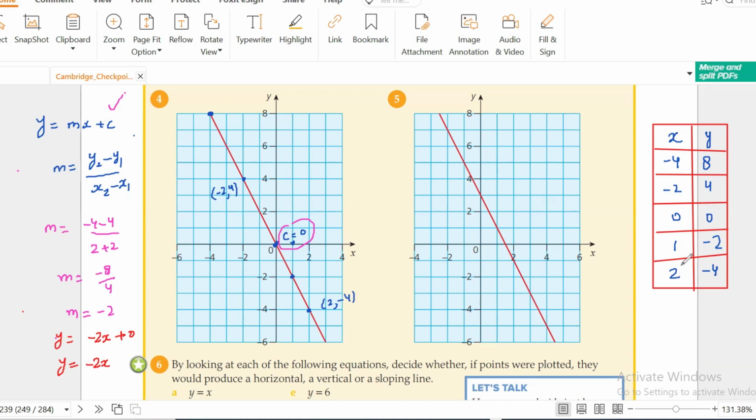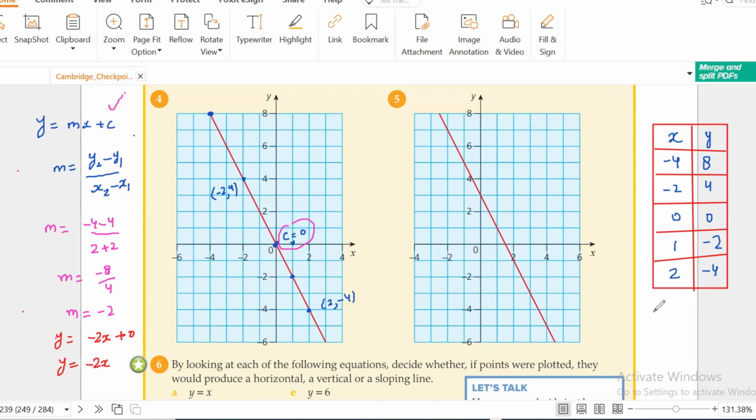So clearly you can see that from x to y, the relation is always double. Like 8 is the double of -4. 0 will not help us, but the value of y, 4, is the double of 2, but the sign is opposite. And if you check the next one, 2 is the double of 1, 4 is the double of 2, but opposite sign.